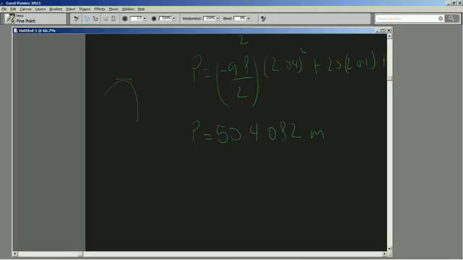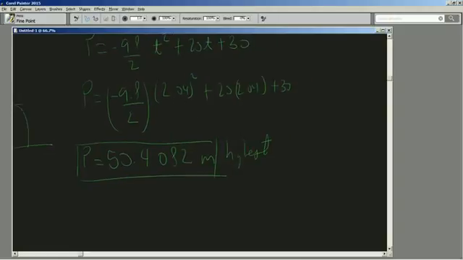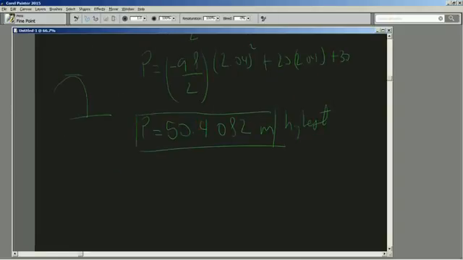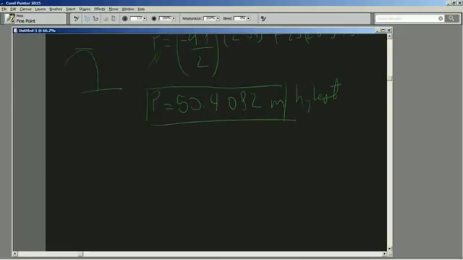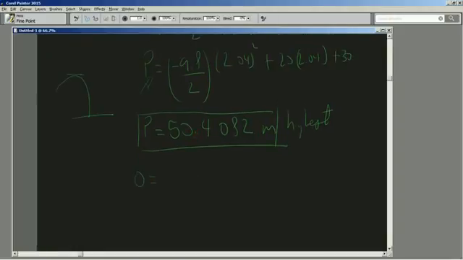All right. Anyway, next we want to find out where he ultimately hits the ground. So this is the highest. The only other thing that we would need to do is set our position equal to 0, so 0 is equal to negative 9.8 over 2 t squared plus 20t plus 30.